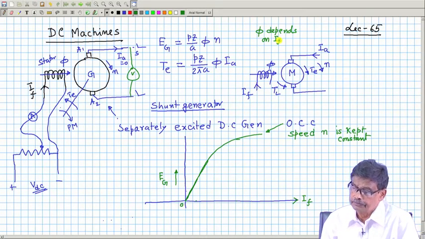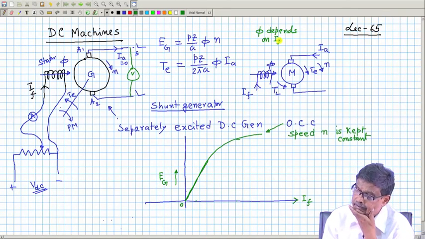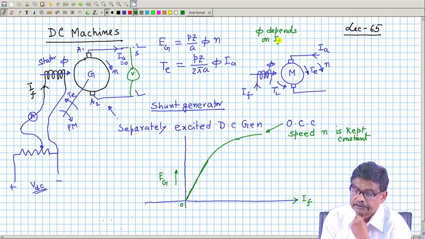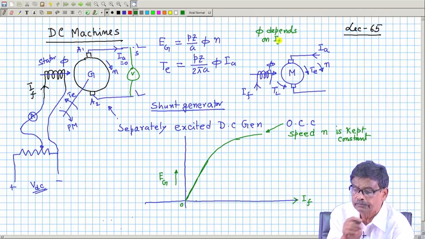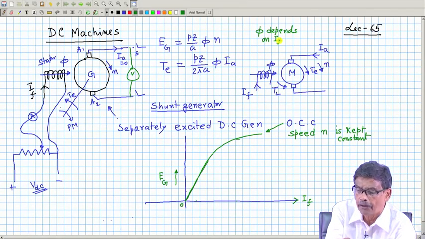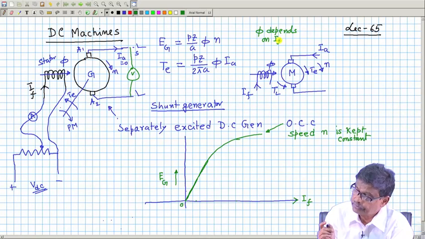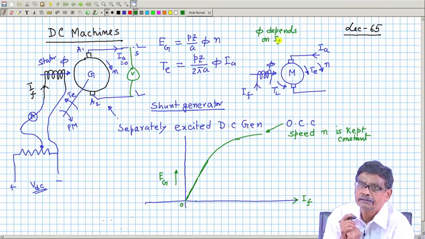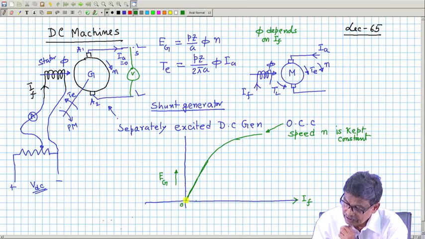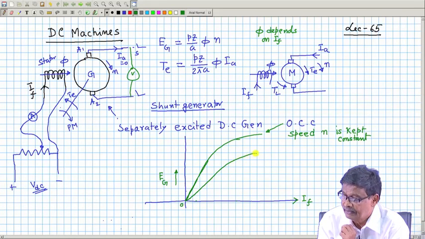Now, why is it called open circuit characteristics? Because I am not going to draw any power out of the armature, the armature is open. Suppose I carry out the same experiment at half the rated speed, how will the OCC look? It will be lesser.